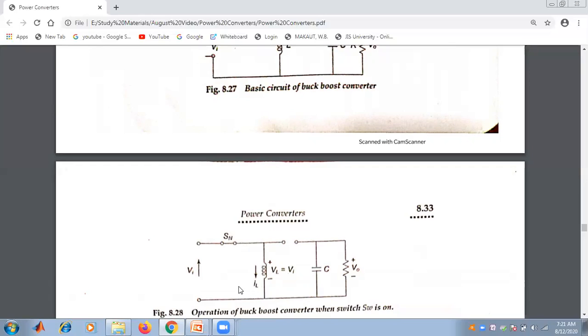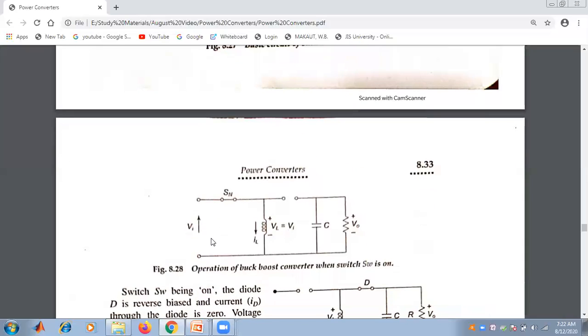So it is now clear that the voltage across the inductor, V suffix L, is equal to the input voltage V suffix I. As a result, when the switch of the buck boost converter is on, it allows the current to flow through that particular path, which in turn builds a voltage across the inductor.